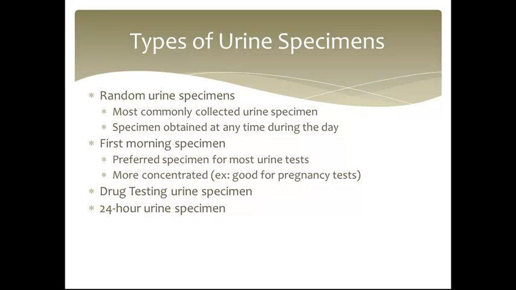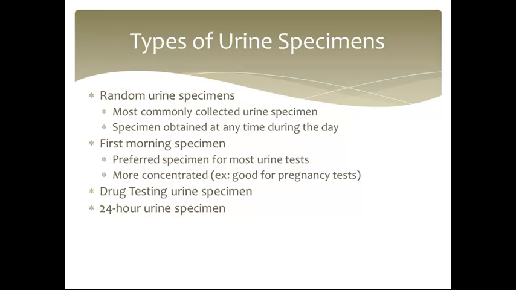First morning specimens are preferred specimens for most urine tests, more concentrated, so a lot of times we like these for pregnancy tests, even urinary tract infections or suspected urinary tract infections. Drug screens are typically better with first morning specimens because the urine is less diluted and more concentrated.